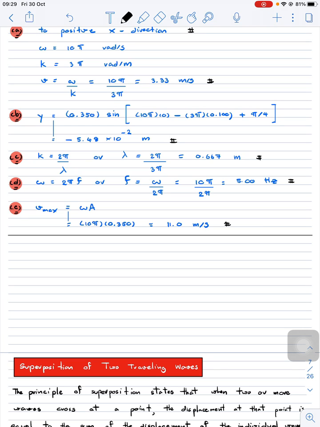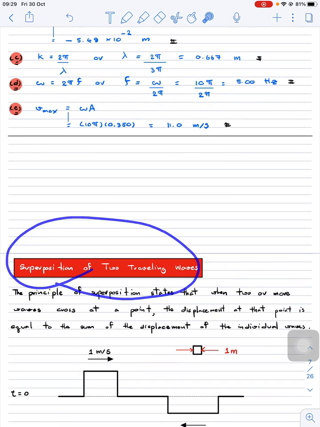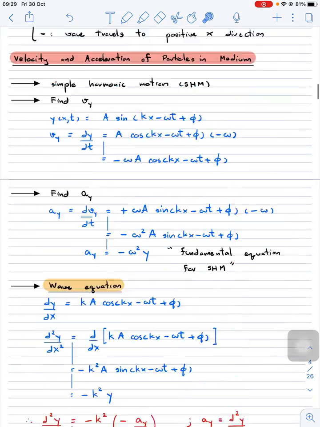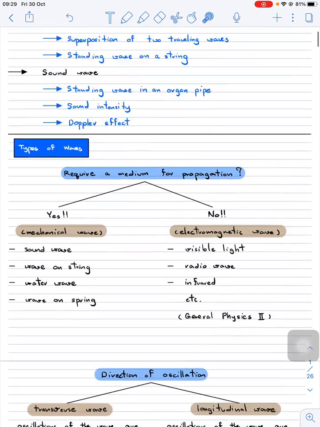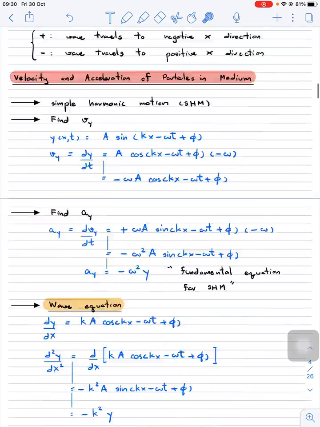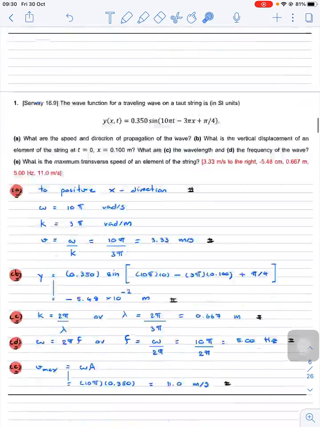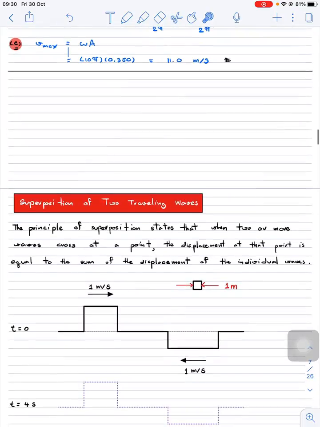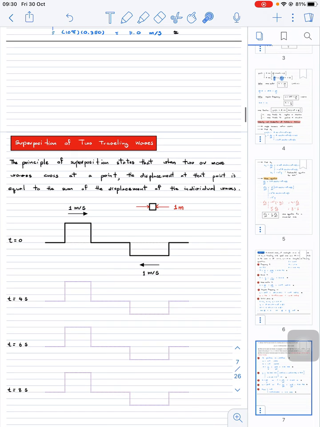Before we move on to the next topic, the superposition of two traveling waves, there are some details that you need to know about the wave on the string and about the traveling wave as well.